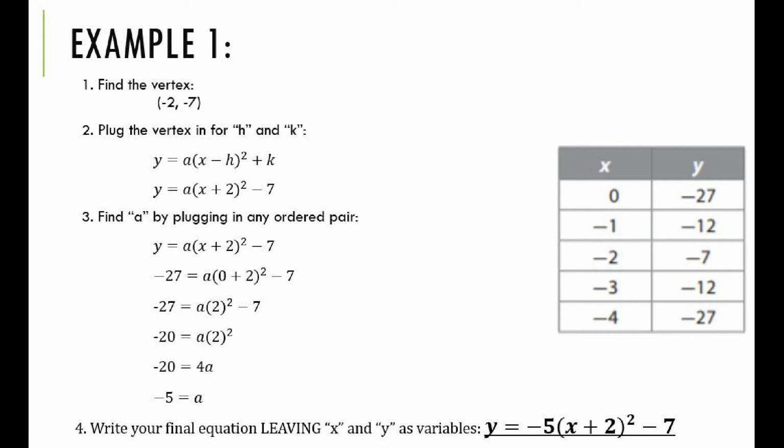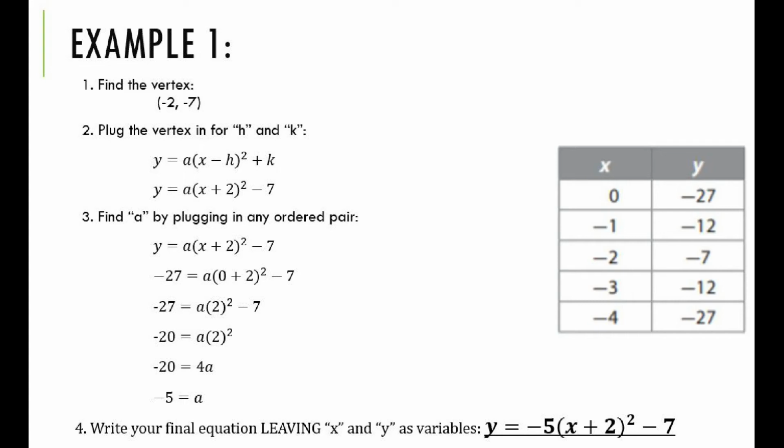So now that I've plugged in h and k, I can pick an ordered pair from the graph and solve for a. So I'm going to go ahead and just use the first ordered pair, (0, -27). So I have my equation still, y equals a times (x plus 2) squared minus 7. I'm going to plug in -27 for y, and I'm going to plug in 0 for x.